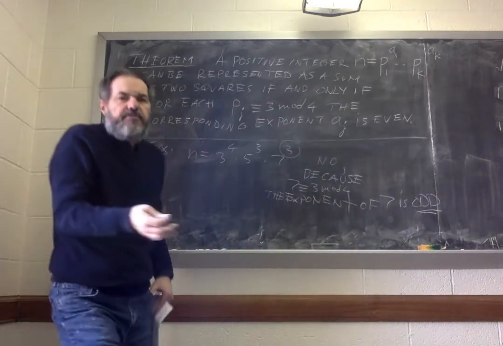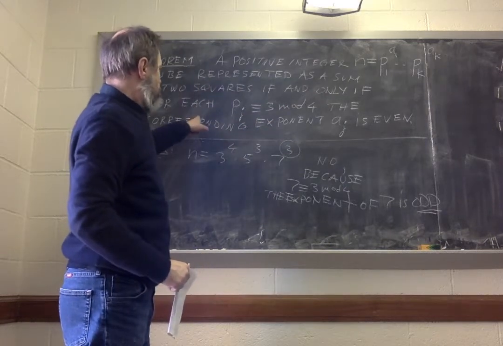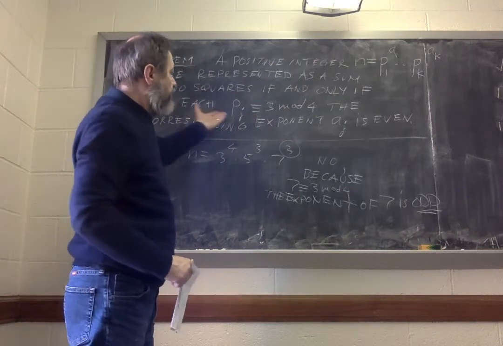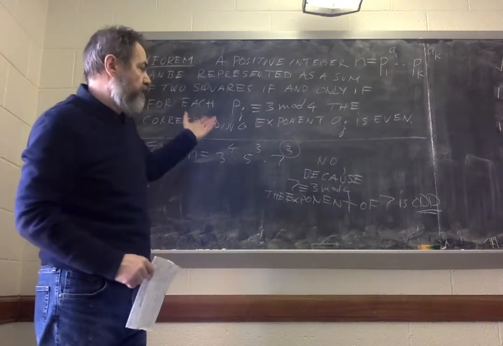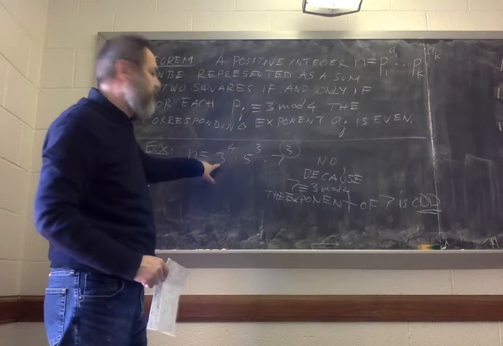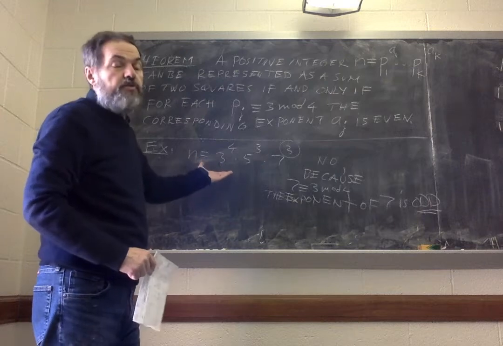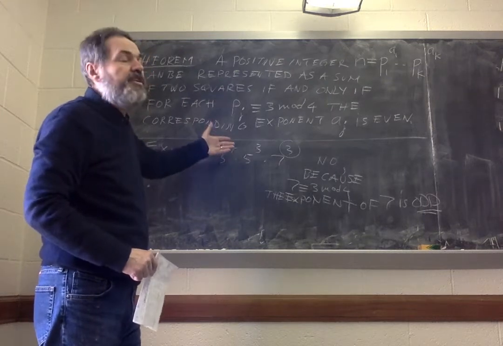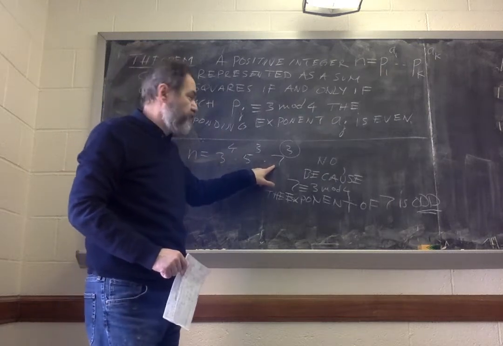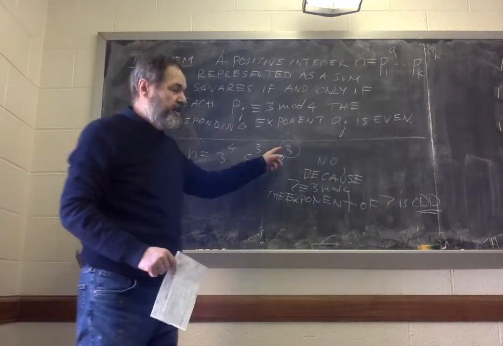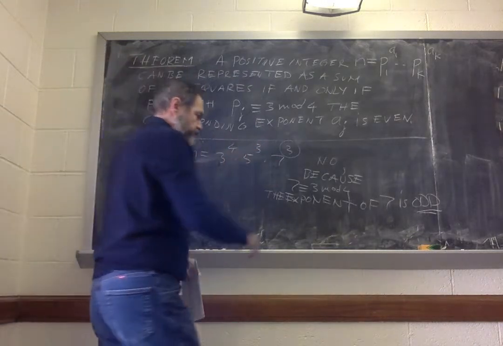The exponent of 7 is odd. So it's not true that for each Pj congruent to 3 mod 4, the exponent is even. It's true for some of them, for instance, for 3. So 3 is congruent to 3 mod 4, it's a prime, its exponent is even, but just because there is a prime congruent to 3 mod 4 with an odd exponent, the number is not representable as a sum of two squares.